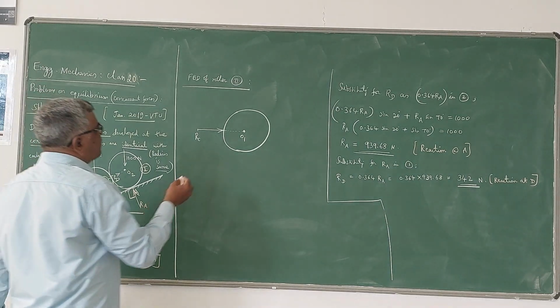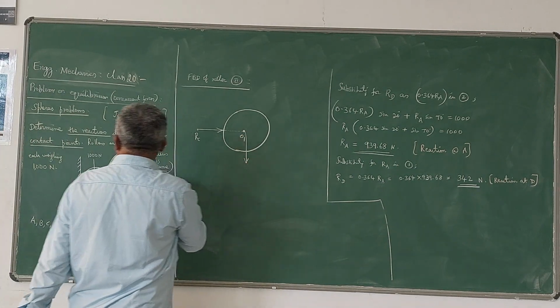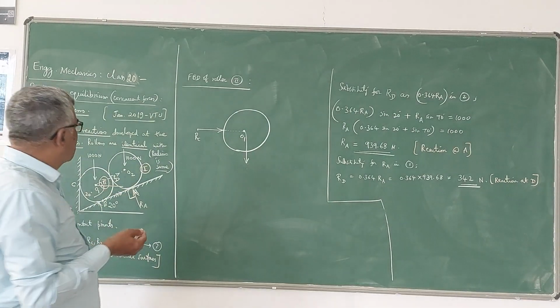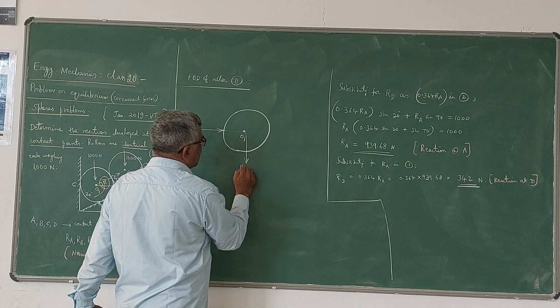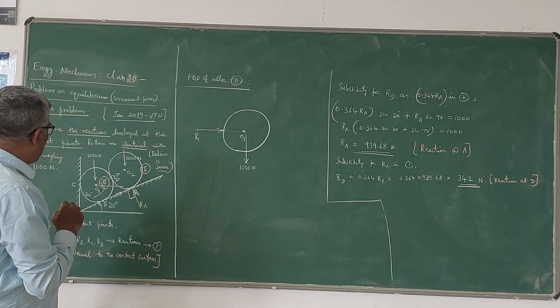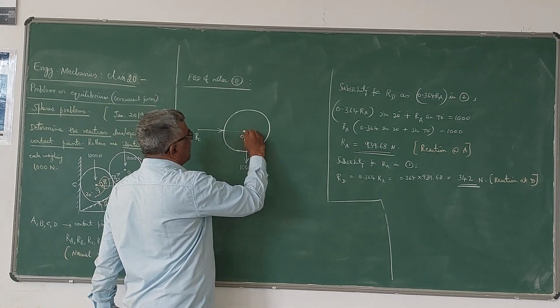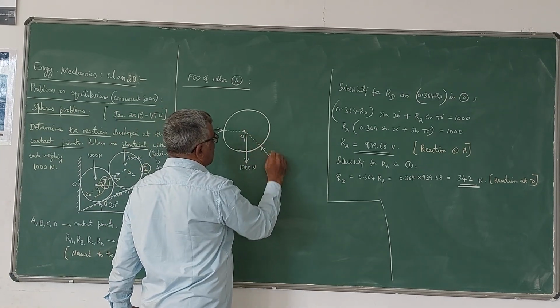Then you have the weight of the sphere or roller, that is 1000 newtons acting downwards. I have to write like this. Then you have contact point B here, something like this. This is RB.